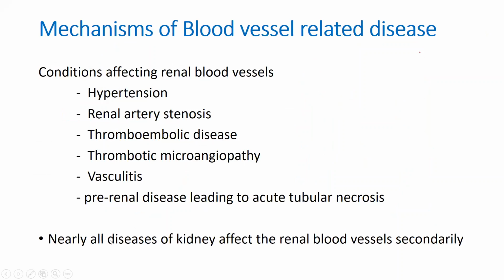Therefore, as I mentioned before, all of these conditions can affect the kidney blood supply, and can affect the other compartments of the kidney as well, because these are all interlinked.